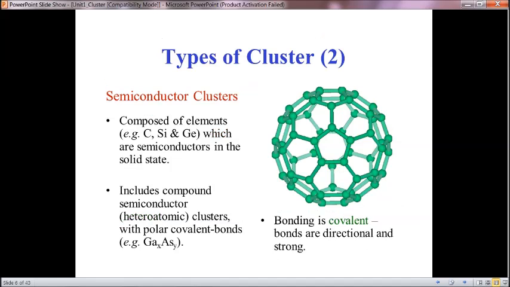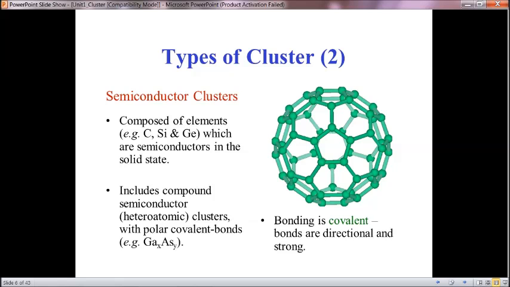Then semiconductor clusters. Semiconductor clusters are composed of elements, example carbon, silicon, and germanium, which are semiconductors in the solid state. The semiconductor clusters also include compound semiconductors, heteroatomic ones with polar covalent bonds, example gallium arsenide. Here the bonding is covalent and so bonds are directional and strong.